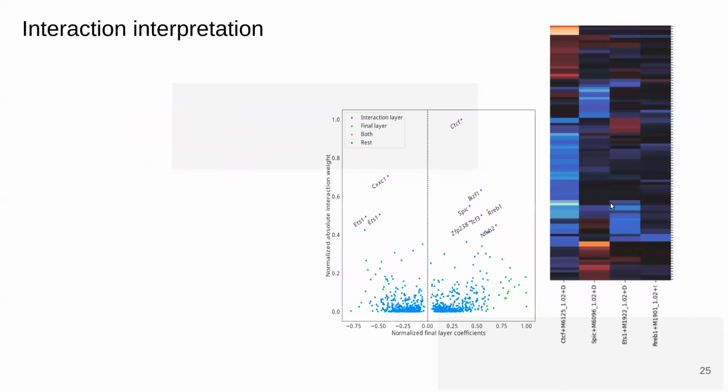So we can also interpret the interaction layer. Here's a plot depicting the overall interaction strength against the overall final layer coefficients for the TFs. And one thing we notice is that, in fact, they're different. We have a lot of these interacting transcription factors, which influence how the other transcription factors are counted, but that themselves don't predict anything about cell type identity.